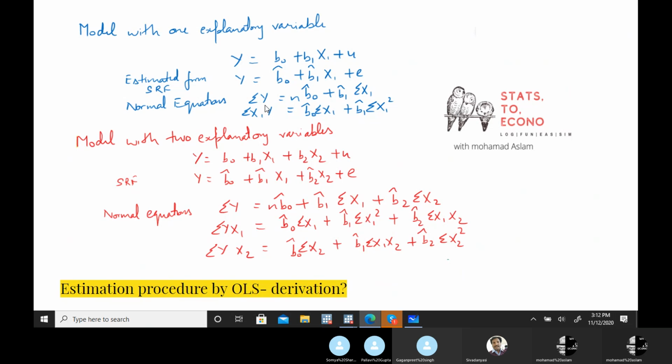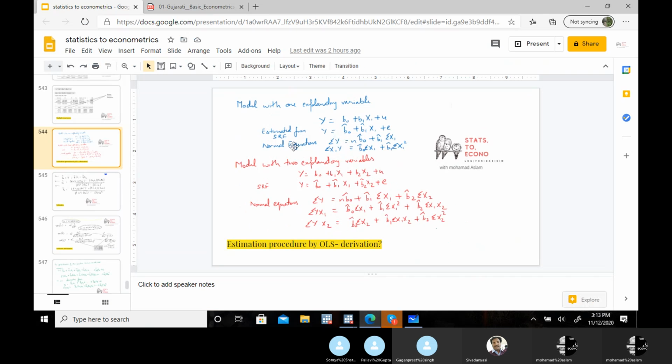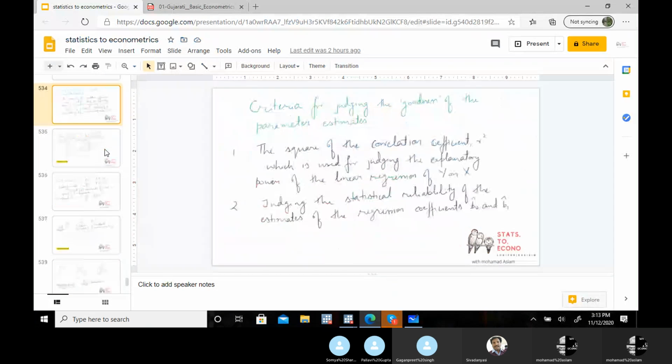We differentiated the equation that is the summation of u hat, the residual squared, Ui square. And that equation we are trying to minimize. Let me go back to how you got these two normal equations in bivariate analysis.